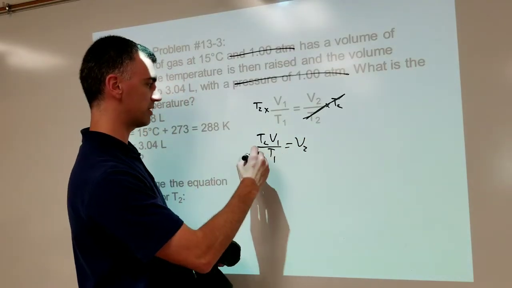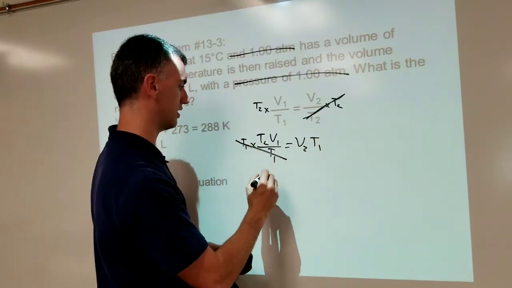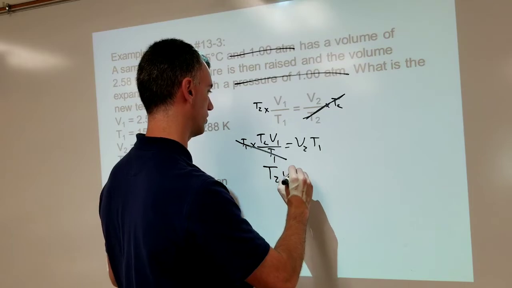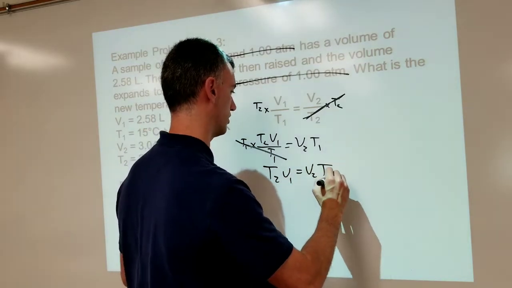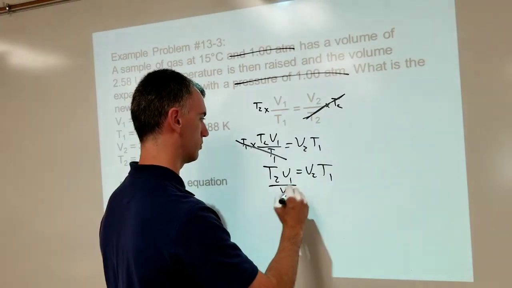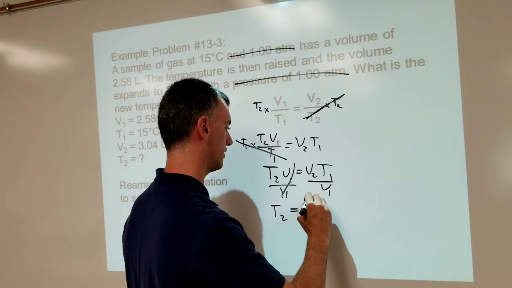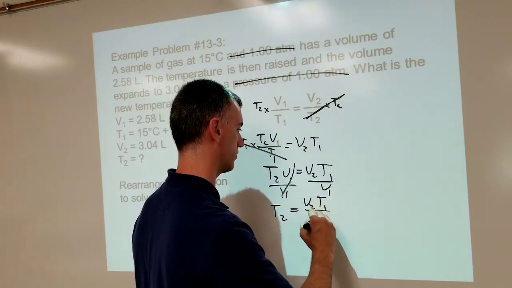Now we multiply both sides by T1. Those cancel. Now we have T2 V1 equals V2 T1. Now we divide both sides by V1. V1 cancels. T2 equals V2 T1 over V1.